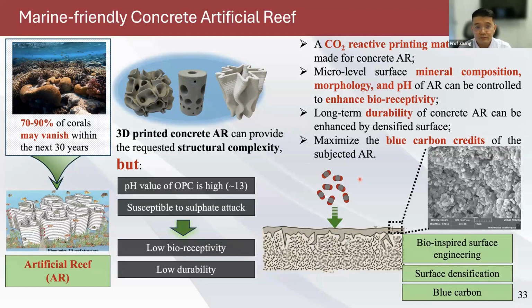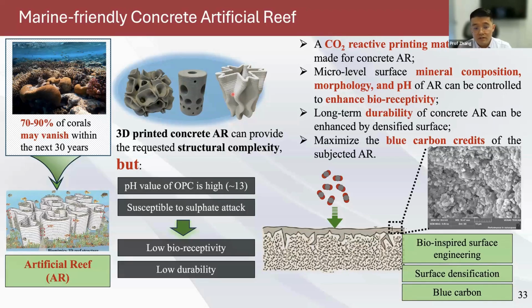So those are the prototypes we printed in our lab. Particularly this one looks small, but its height is around 2 meters. But concrete material itself isn't that suitable for coral reef application, even though it has very high durability in general.